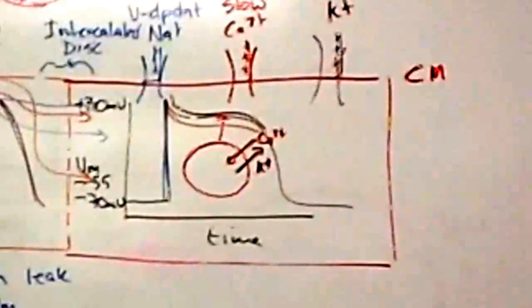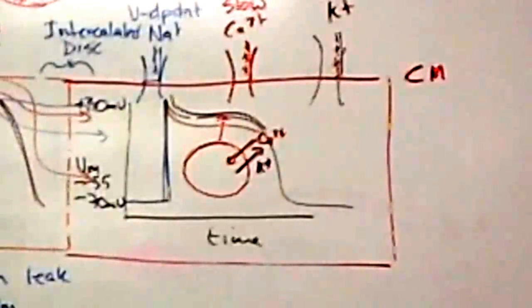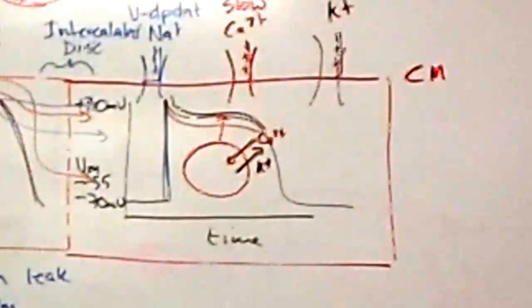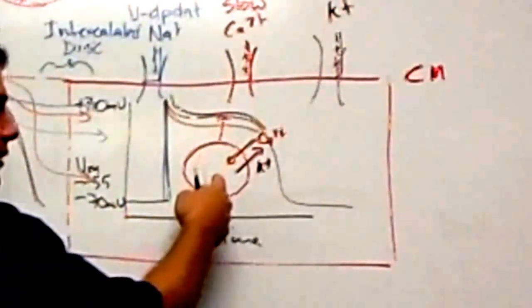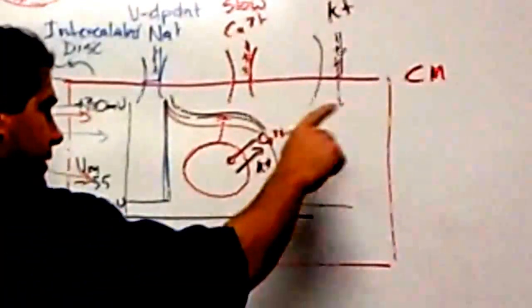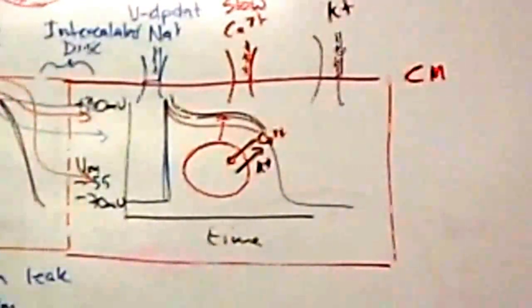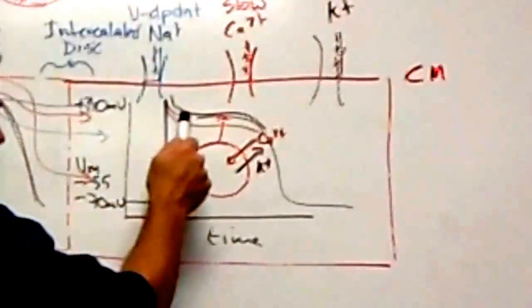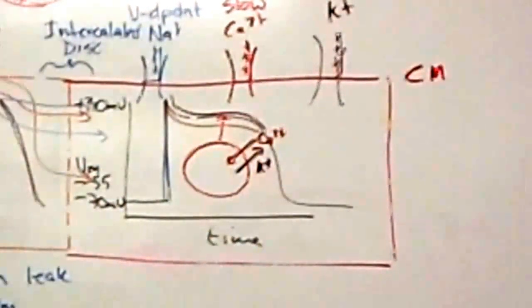It's kind of like if you wanted to keep the level of water in your bathtub the same, you could have that happen by matching how much water is coming into the tub and how much water is leaving the tub through the drain. So essentially, because calcium is coming in and bringing two positive charges, and every time those two positive charges come in, two potassiums leave, there's no change in voltage.